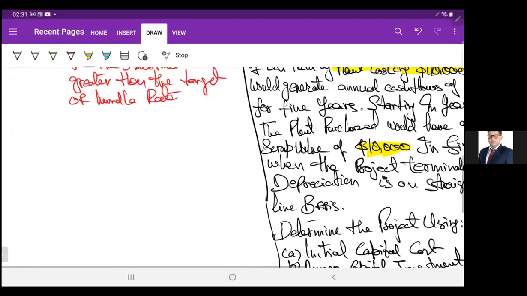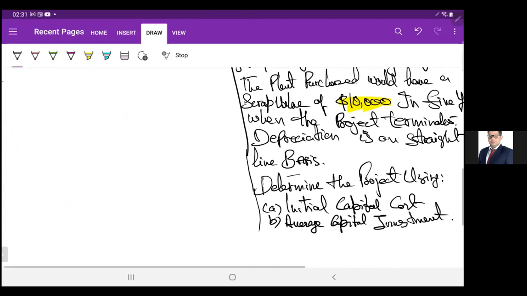Firstly, annual cash flows need to be taken as profit before depreciation.